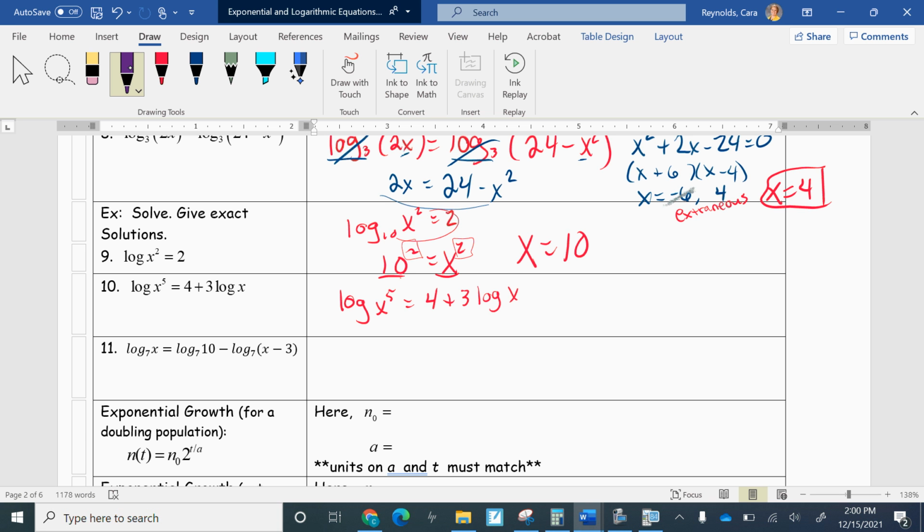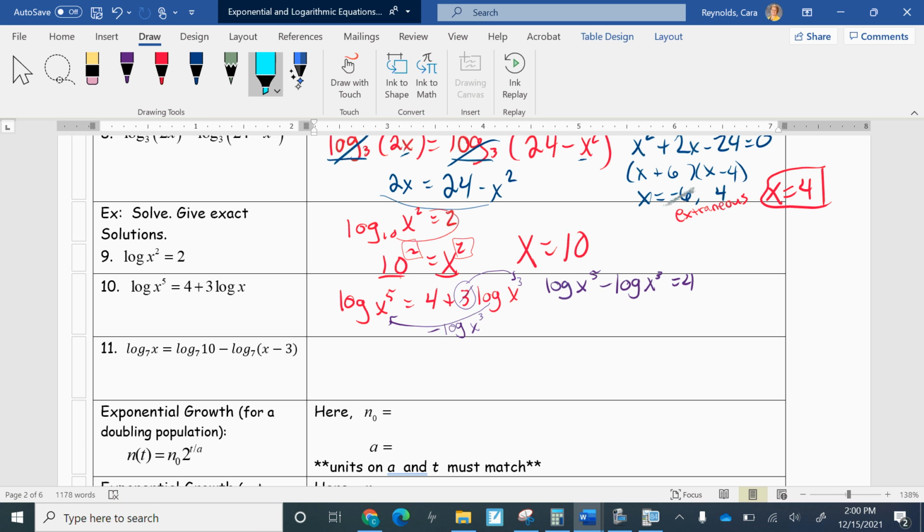And so I'm going to move my 3 to the exponent position here and rewrite that as x to the third. And then I'm going to subtract my log x cubed over to the other side. And so this gets rewritten as log of x to the fifth minus the log of x to the third is equal to 4.